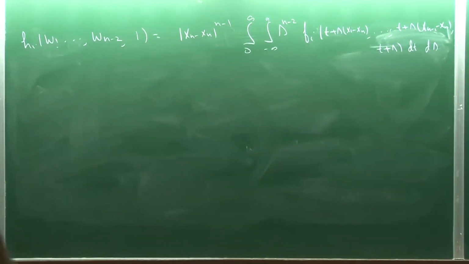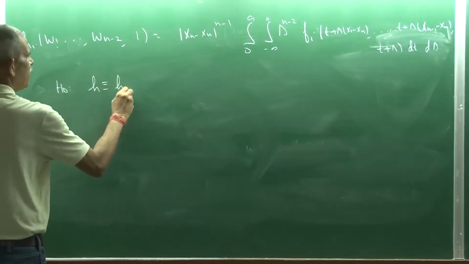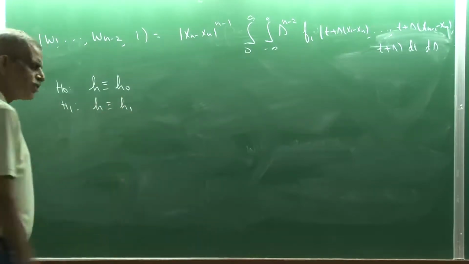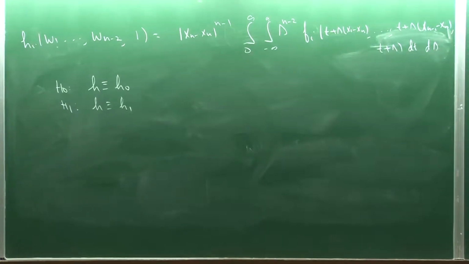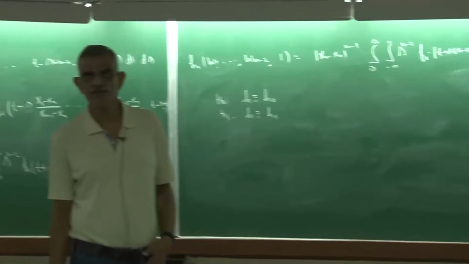So what your H0 has become is that your H0 is the same as H0, against that H1 is the same as H1, because you have to consider only those tests which depend on observations only through w1, w2, wn minus 2 and wn minus 1. But their PDF only depends on H0 and H1. So it turns out you have to test simple versus simple.